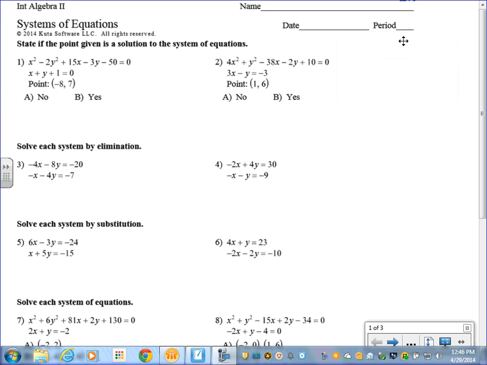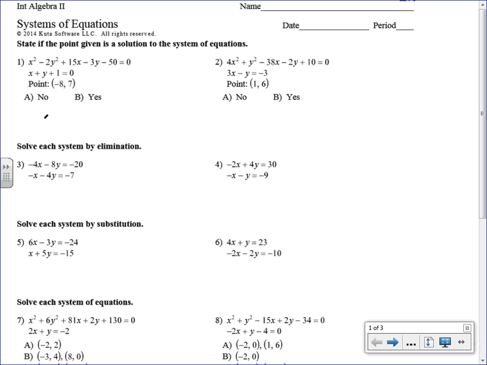All right, this is yesterday. Okay, you got that yesterday. We did the first one. We plugged in -8. I took the equation x squared minus 2y squared plus 15x minus 3y minus 50 equals 0. Then I plugged in x equals what?